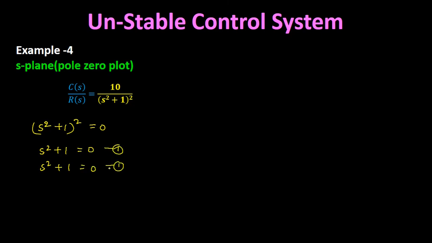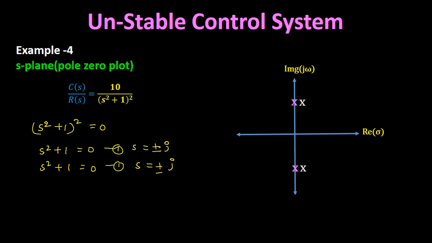When we solve both these equations, we get from this equation s is equal to plus minus j, and from here also we get s is equal to plus minus j. When we plot these poles on the s plane, we get this type of plot. Here we can see that this is j, j and this is minus j, minus j. Because of repeated poles existing on the imaginary axis, this is an example of an unstable system.